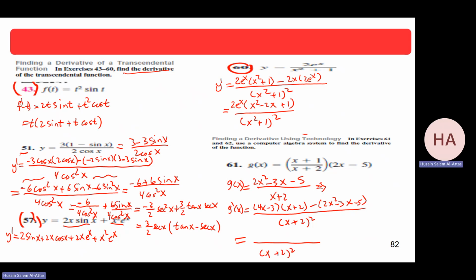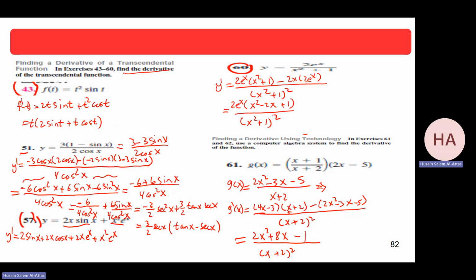Now, what will bring x squared? I have 4x times x. That is 4x squared minus 2x squared. So that will be 2x squared. X will come from where? Minus 3x plus 8x, 5x plus 3x. So that is plus 8x. Okay. The constant will be minus 6 plus 5, and that is minus 1.